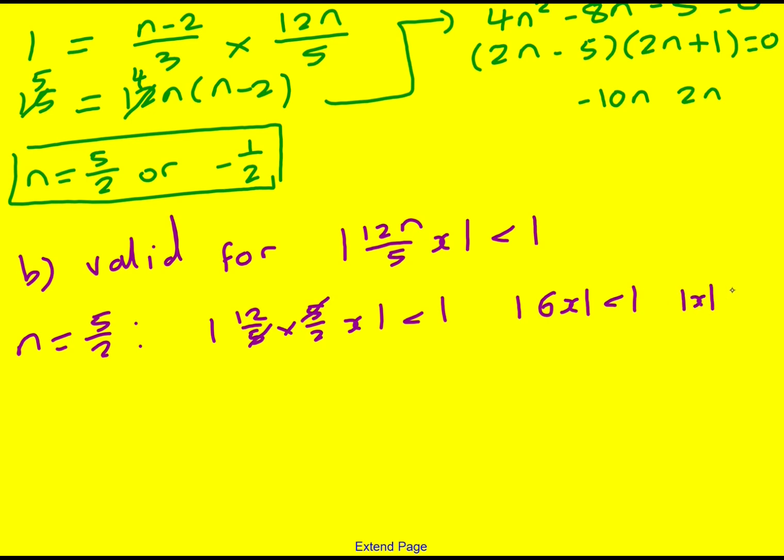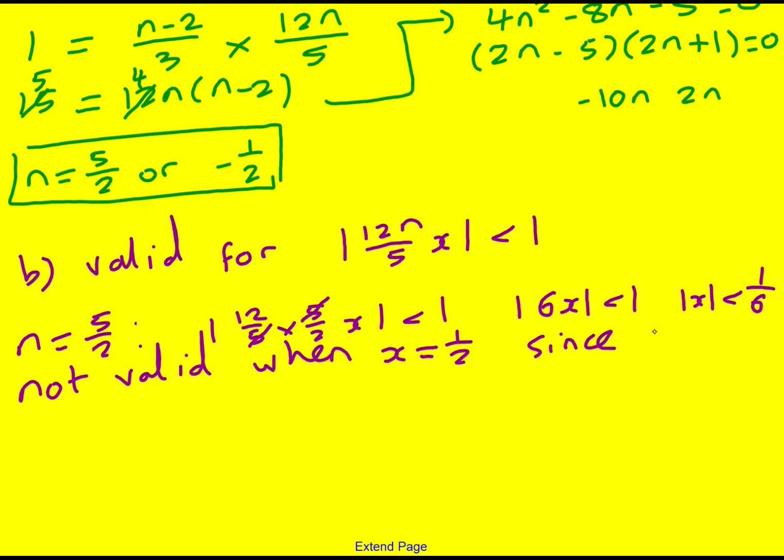So the modulus of x is less than 1 over 6. Now that means it's not going to be valid when x is a half, since a half is greater than 1 over 6.